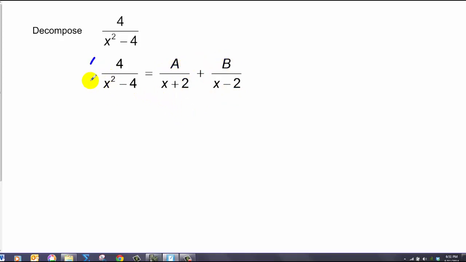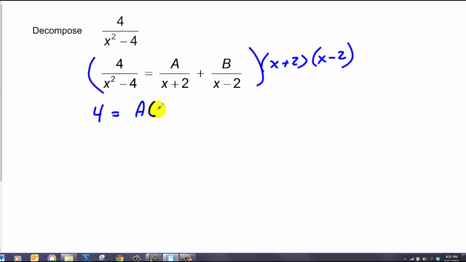I want to solve for a and b, which means I'm going to need to get rid of my denominators. Multiply by x plus 2 and x minus 2 to both sides, as we did in our previous example, leaving me with 4 is equal to a times x minus 2 and b multiplied by x plus 2.